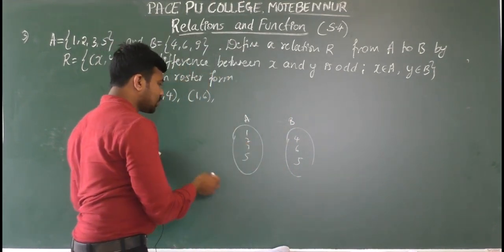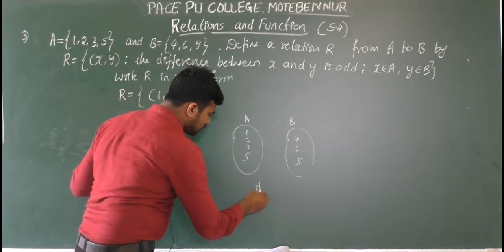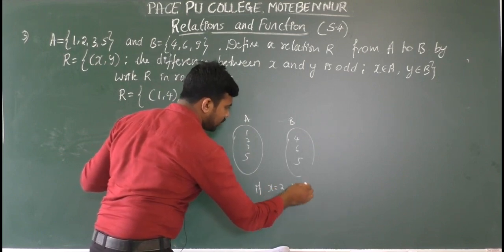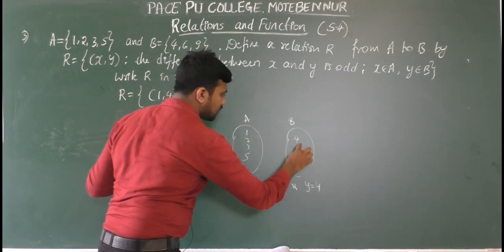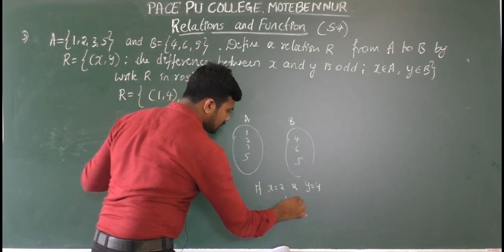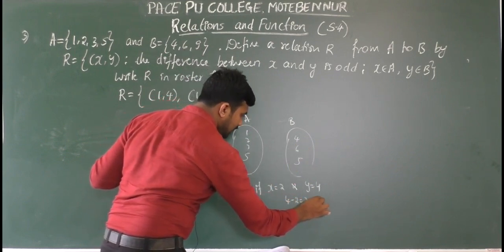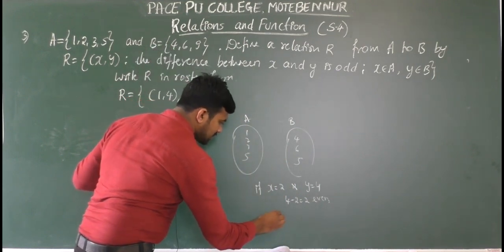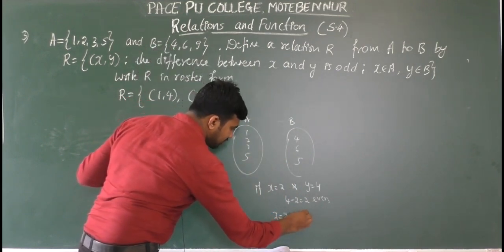Now for x is equal to 2. If x is 2 and y is 4, 4 minus 2 is equal to 2. This is E1, and we want odd difference. Next, x is 2 and y is 6.